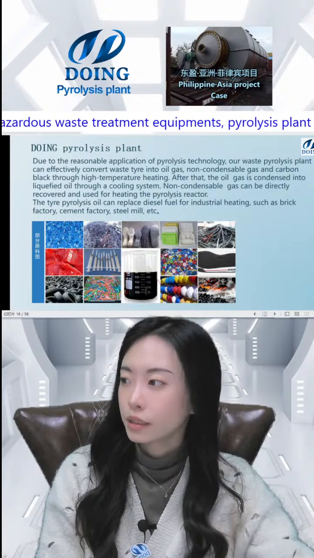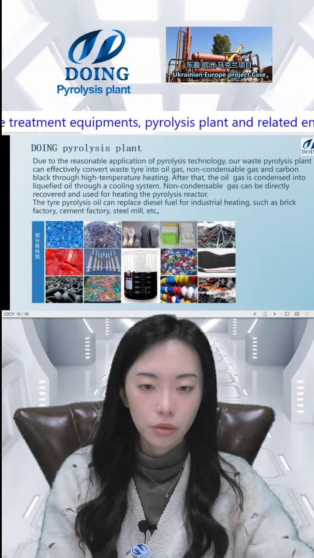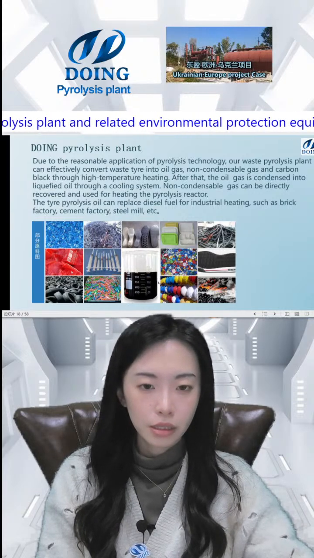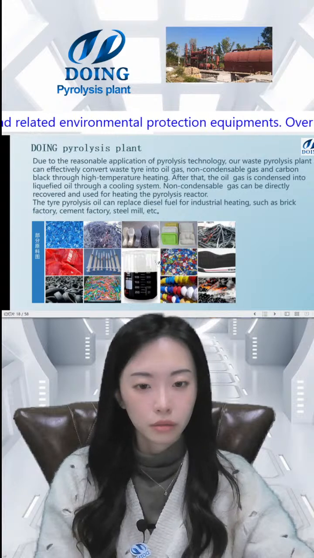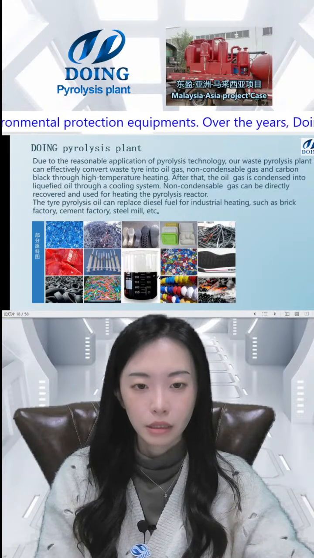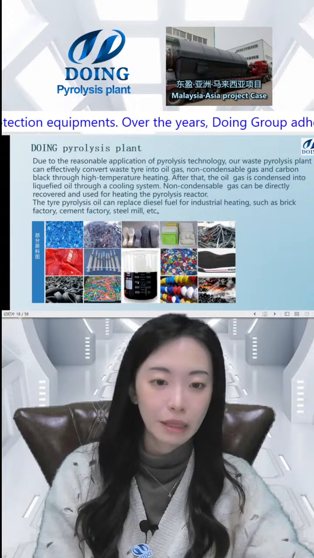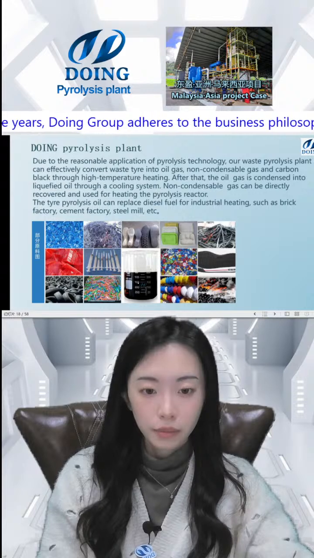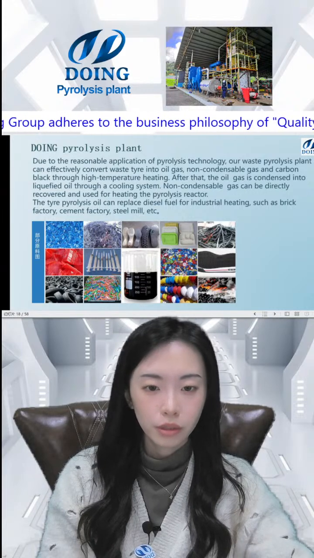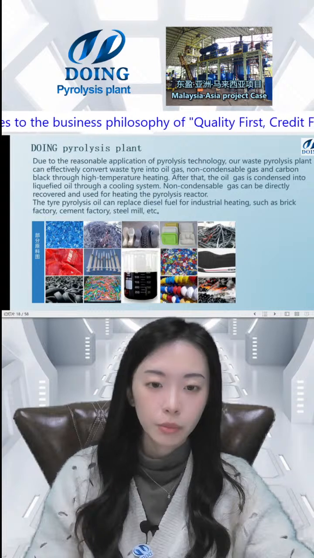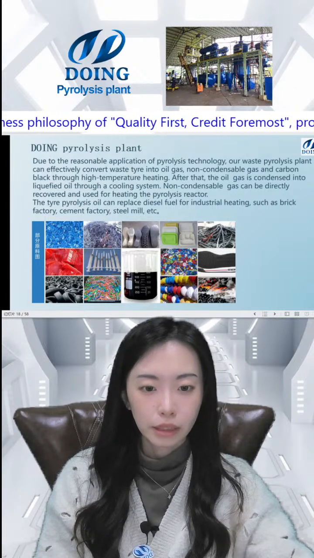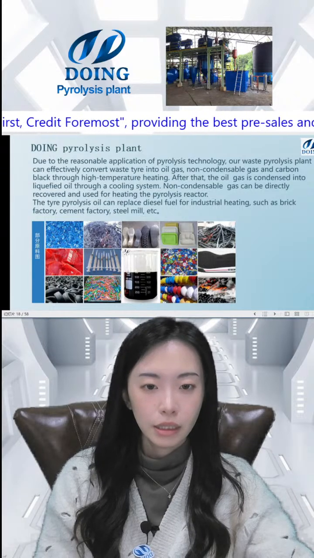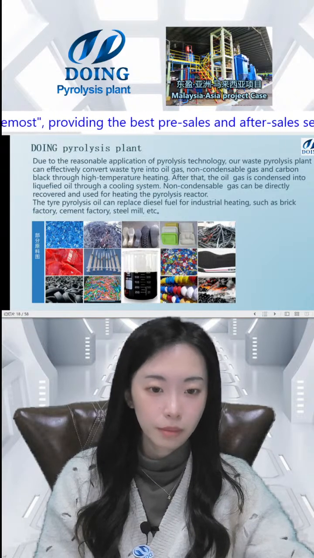Like different materials, we can all get the gas and the fuel oil, and the color is kind of different. Like with tire, we get the heavy oil. This is more the black one or the brown one. Or if you get the waste plastic, then most of the oil is yellow one. It's more pure than the waste tire oil. Like this is kind of medical waste, and there are plastic and some rubber inside.